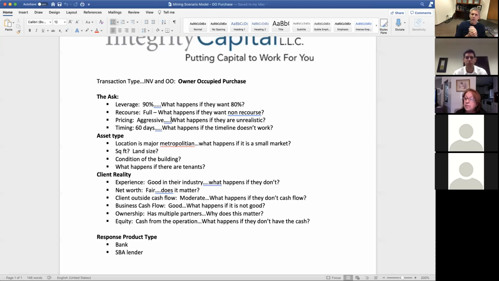Okay. So if they're unrealistic, this is where candid but gracious comes in. It's one of our core convictions that you just have to be upfront and say, look, that's not really indicative of the market. Sometimes it might be, possibly, but we don't know yet.